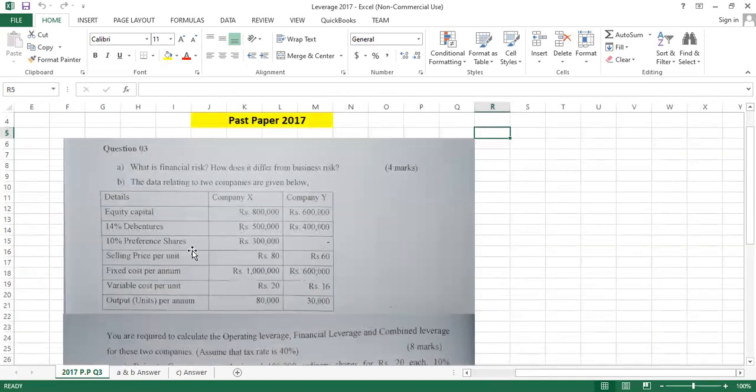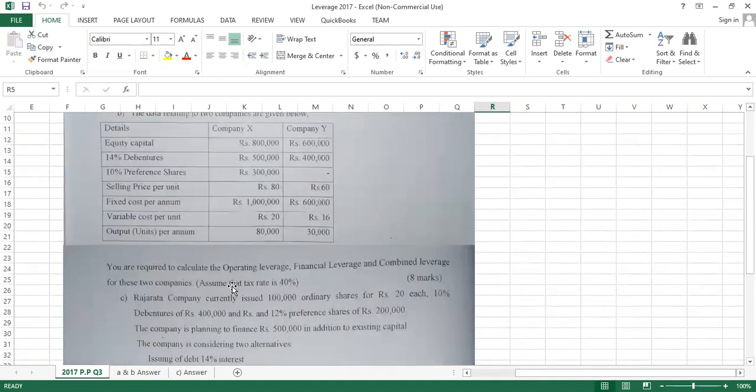Next, we will discuss part B. They say that the data relating to two companies are given below. Company X and company Y data are given: equity capital, 14% debentures, 10% preference shares, selling price per unit, fixed cost per annum, variable cost per unit, and output per annum.